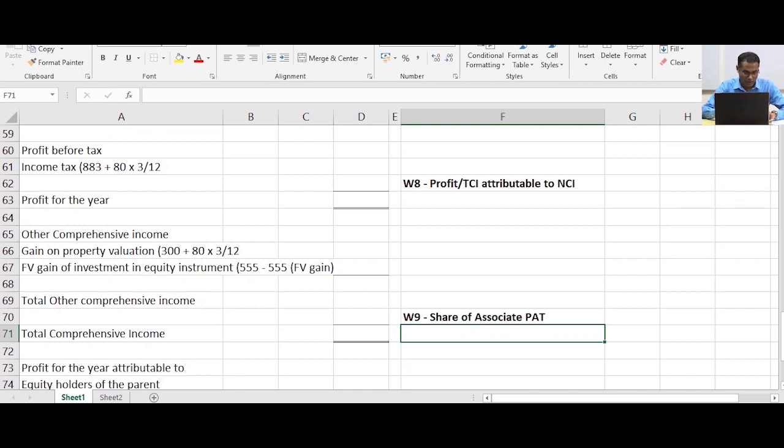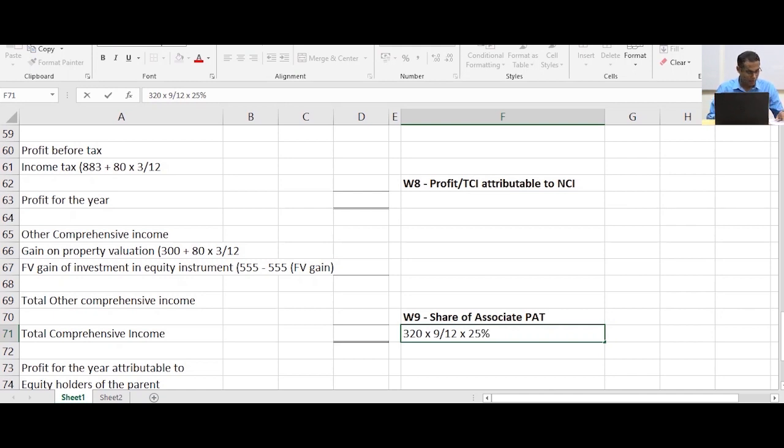The total profit after tax is 320. TEEC is an associate only for how many months? First 9 months. So I need to take 9 upon 12, that is 9 months profit, into the share that the parent, Pinnacle, had over TEEC, 25%.